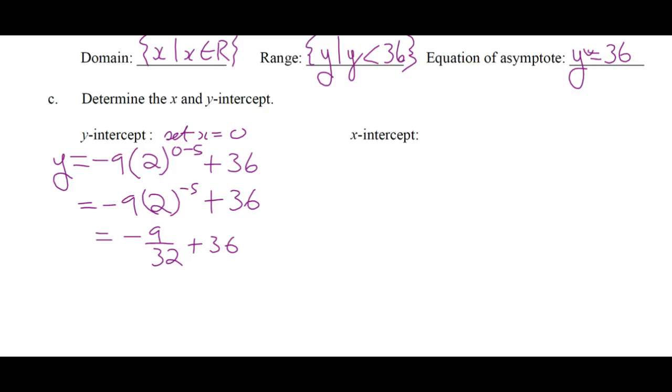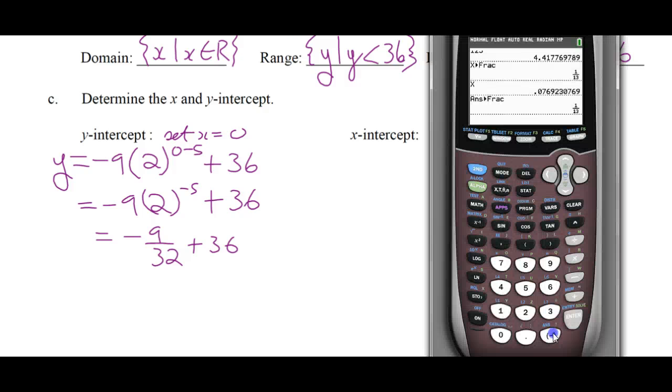And if we want that as an exact value, negative 9 divided by 32 plus 36, math, enter, change it to a fraction. 1143/32.